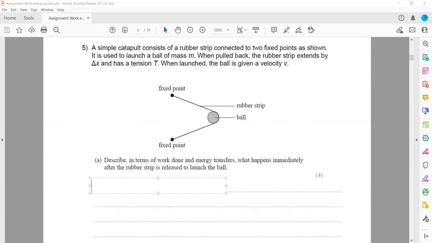First, there's work done by the rubber strip, because when we release, the ball will move. So initially there is work done by the rubber strip on the ball.